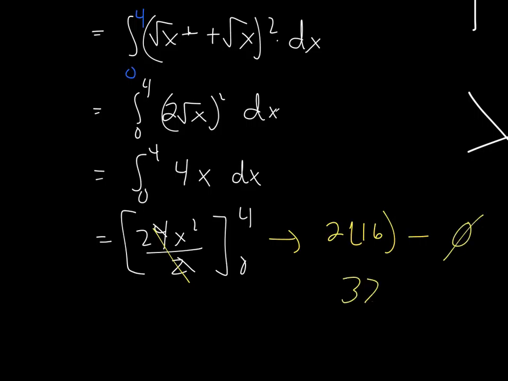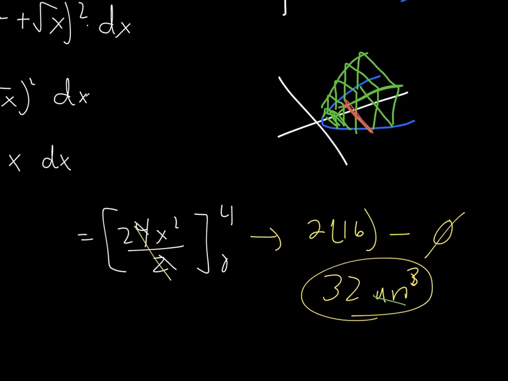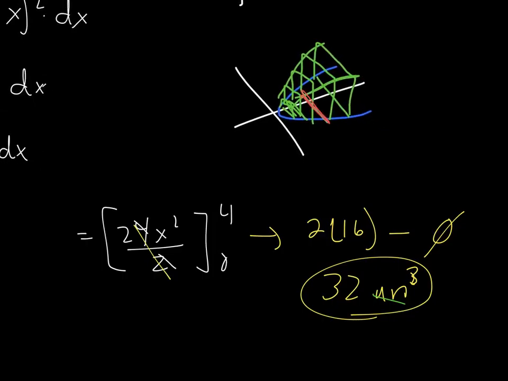So I've got 32 units, whoops, units cubed, because I'm doing volume. Okay, so what did we just find? We found really the volume of my entire green solid that I'm creating by my squares that I have. So that's what I've got right here.